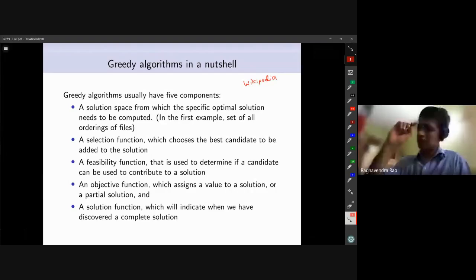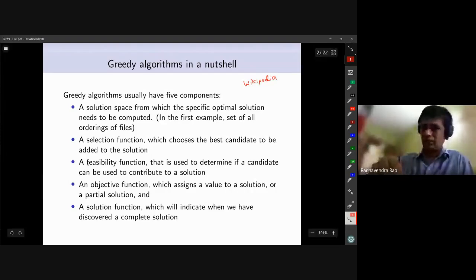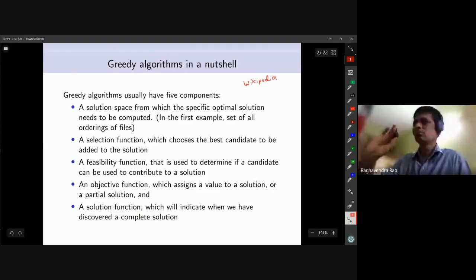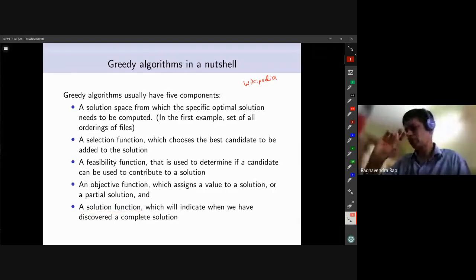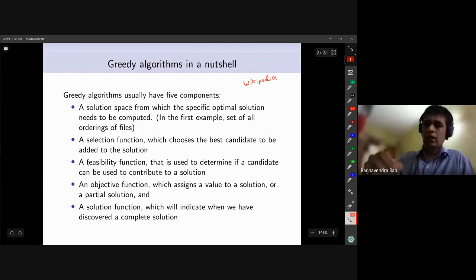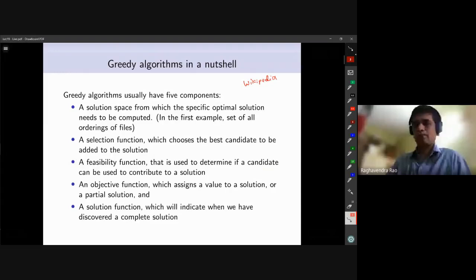No. So the feasibility function is different. So there is a difference. See here, the feasibility function asks, whatever candidate you are going to add, is it feasible or not? In the case of tasks, is that task conflict free with your existing schedule?